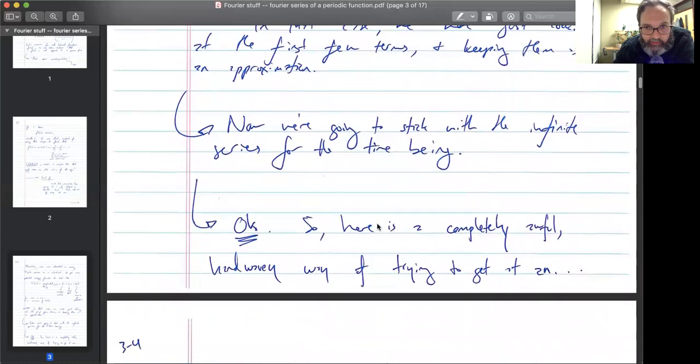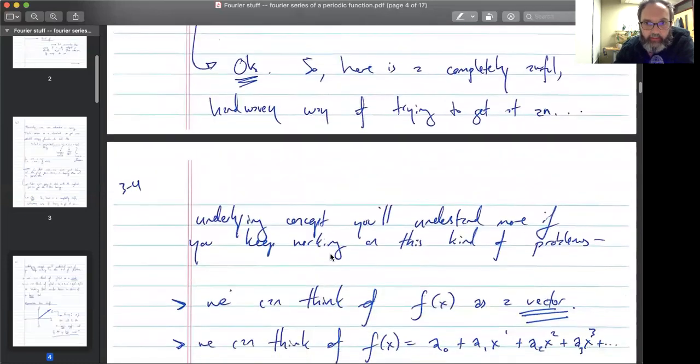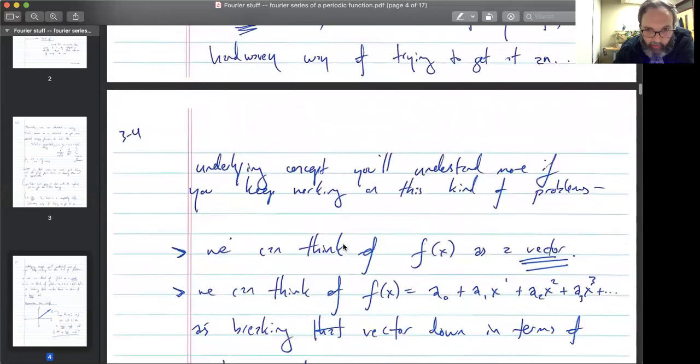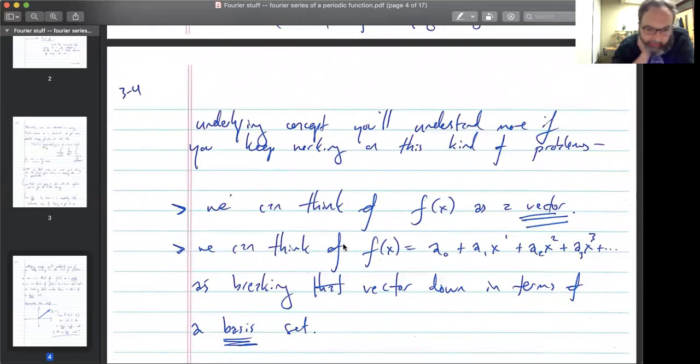Okay, so this is a very awful hand-wavy argument I'm going to make to get at the underlying concept. Something you guys haven't probably done yet is make the transition to thinking of something like f of x as a vector. So we would agree, having banged our heads on these kinds of problems for a while now, that you could write f of x as a naught plus a1 x to the first power plus a2 x to the second power plus a3 x to the third power plus so on.